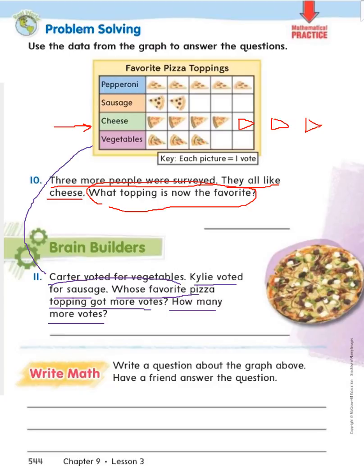Carter voted for vegetables, which means we've got 3. And Kylie voted for sausage, and that's 2. Whose favorite pizza topping got more votes? How many more votes? I think you can figure this one out, even though it's a brain builder.